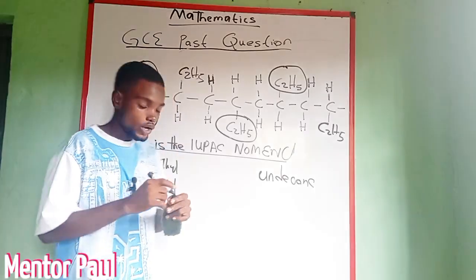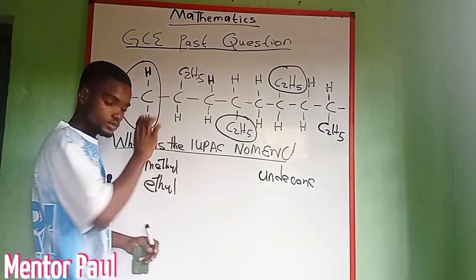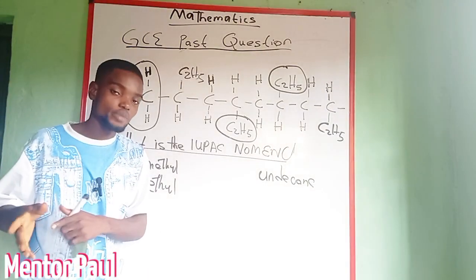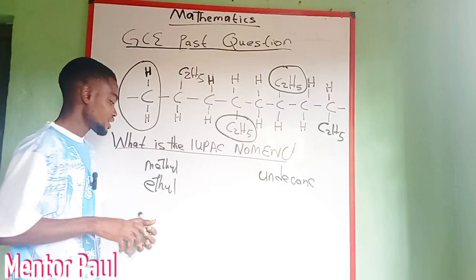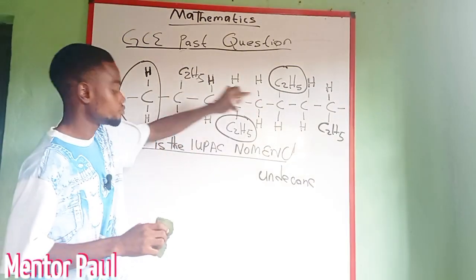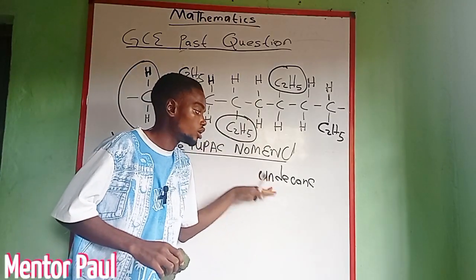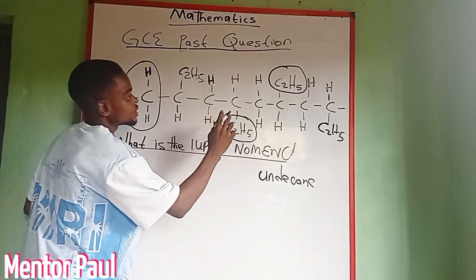To name it, we are going to look at the first letter of each substituent. This one is M, this one is E. In the alphabet, E comes first before M. So because of that, I'm going to write the ethyl first on the undecane structure.